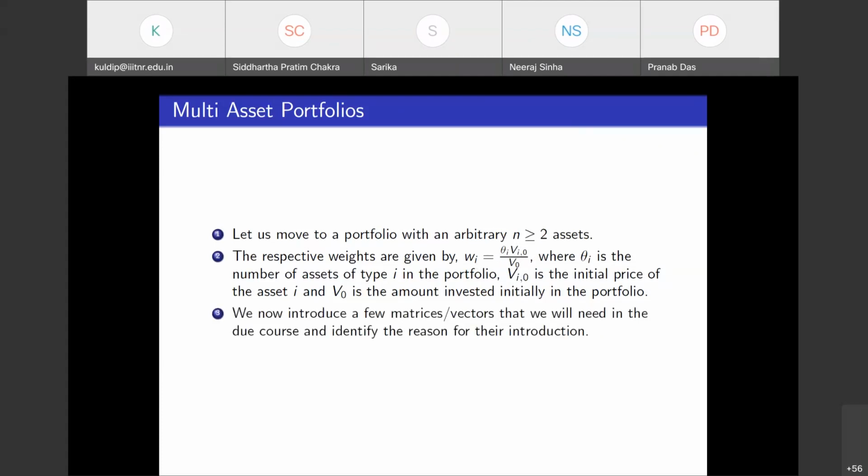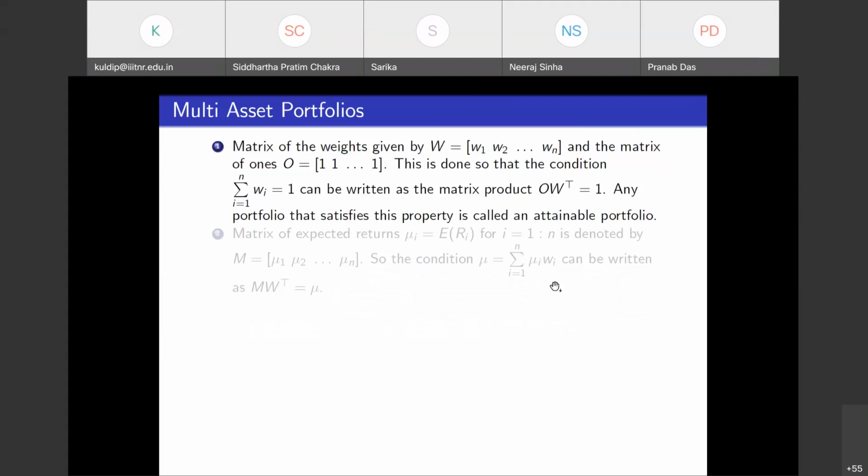Now, when you are talking about more than two assets, it is practically more useful to introduce a few matrices and vectors that we will need in due course, and then we will also identify the reason for their introduction. Okay, so first of all, let us have these weights. Remember that we are now considering n assets.